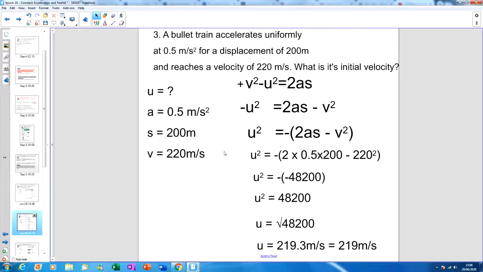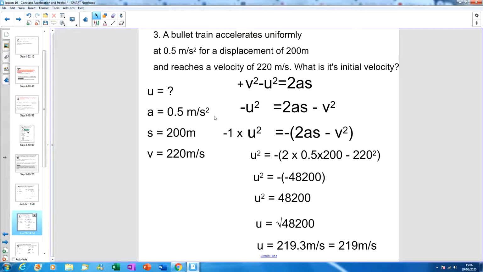So how do you get rid of this minus sign? Well, the best way to do that is to times both sides by -1. So I'm just going to put a times -1.